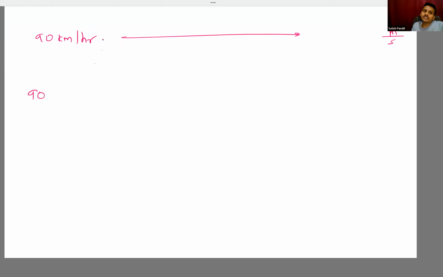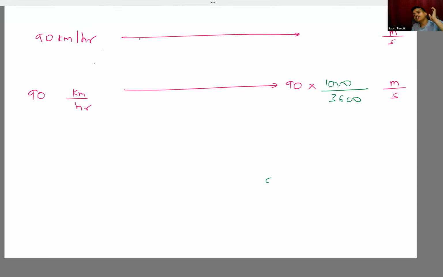You can write 90 kilometer by hour, and then meter per second we want to convert, right? So kilometer to meter is 1000, and hours to seconds is 3600. Because 60 into 60 is what? 6 6s are 36 and add 2 zeros. That is how 3600 came. So 1 hour is 3600 seconds.